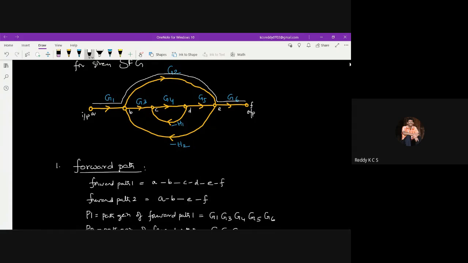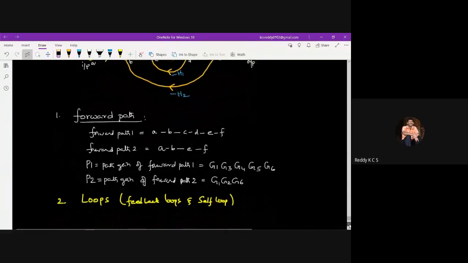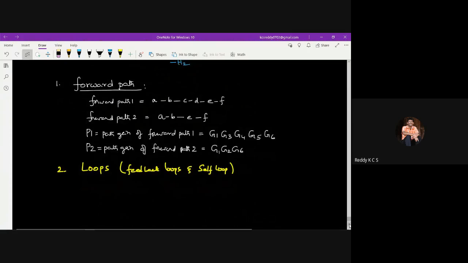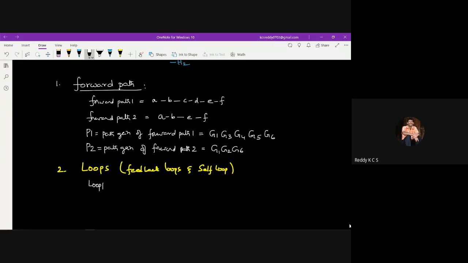So if you look here, there is a signal from C to D, then D to C. So CDC I can write as one loop. So loop 1 is C to D, D to C.